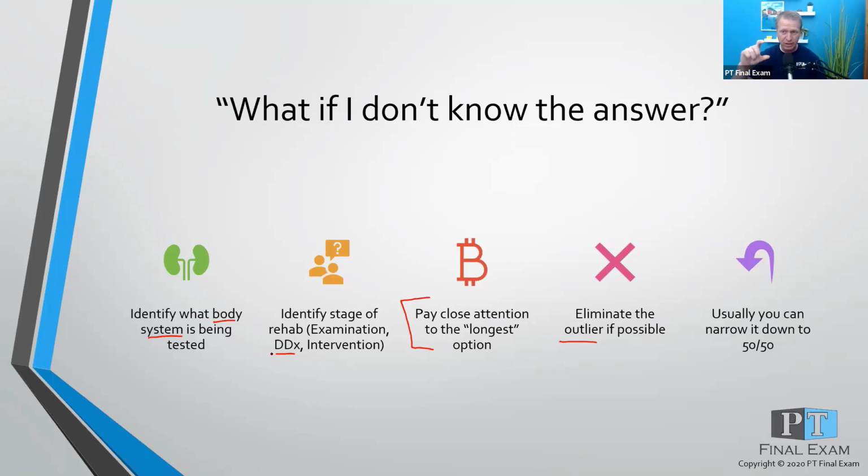And usually if two things are essentially the same, then you can eliminate those options. So look for either outliers or crossover or overlap between options. And usually you can eliminate those right away as well. If you can narrow it down to 50-50, that dramatically improves your chances of answering the question correctly.